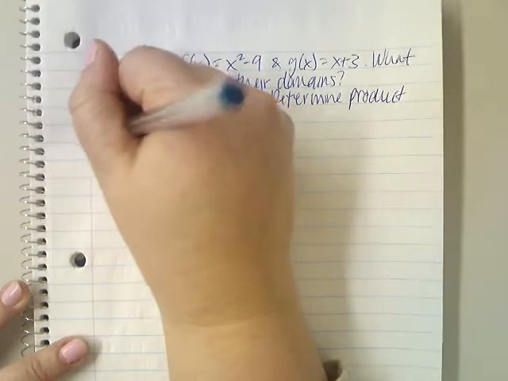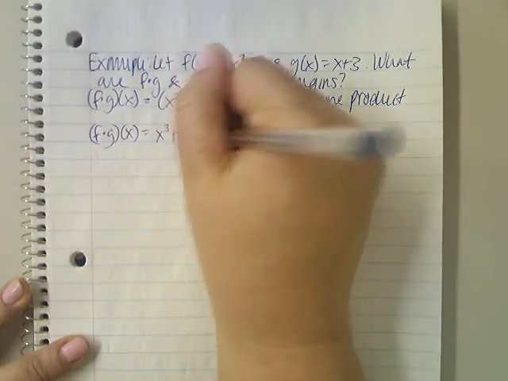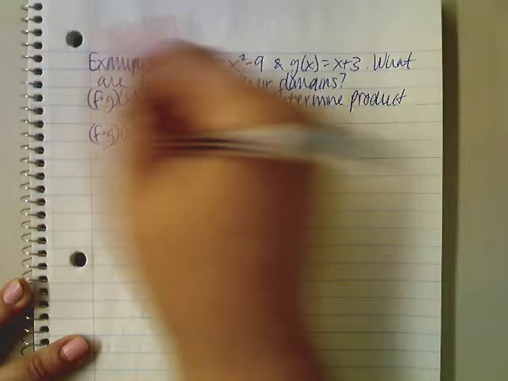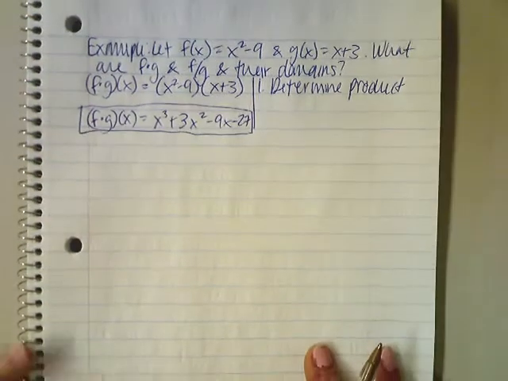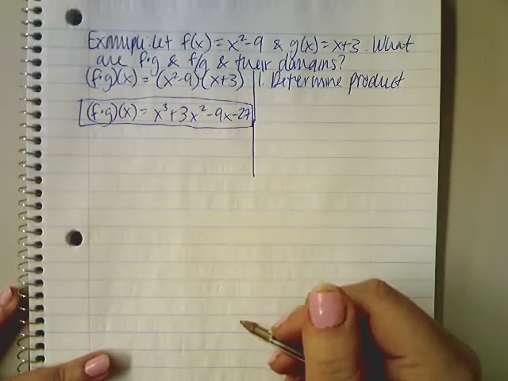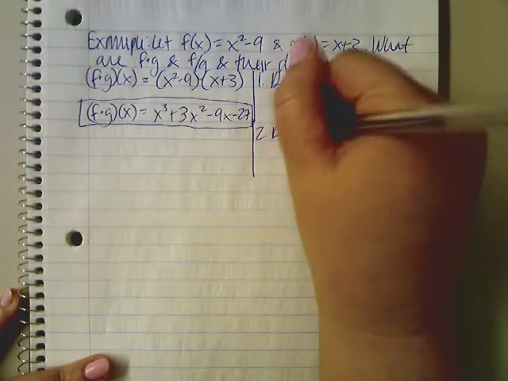So I get f dot g of x equals x cubed plus 3x squared minus 9x minus 27. There aren't any other terms I can combine, so that is my product of those two functions. That's all I have to do there. Pretty straightforward. So then I'm going to continue on and determine the quotient.